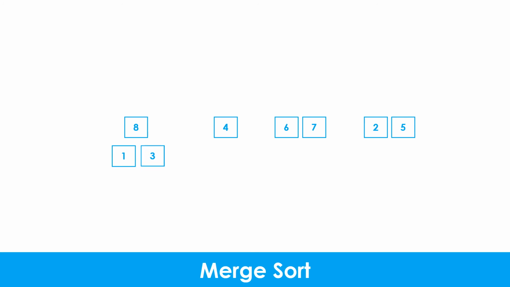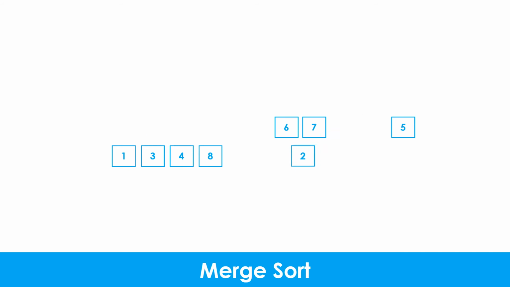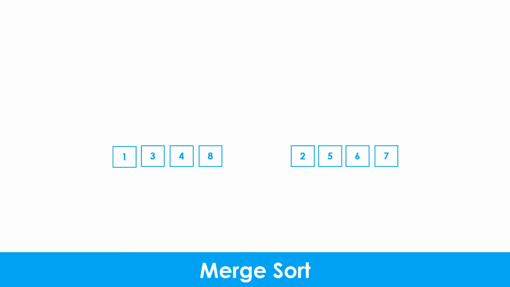We can then merge them into two lists that are again in order. And finally, we can merge them into one sorted list.